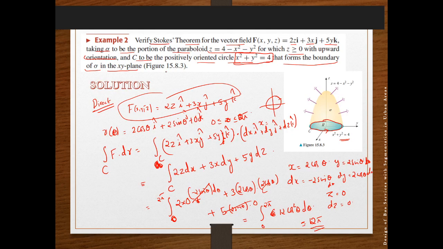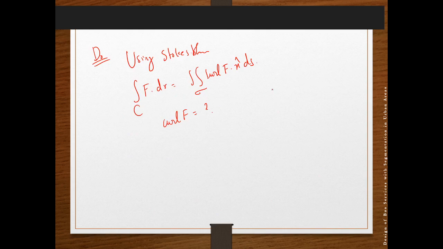Then also we have given that this is positively oriented. That means the orientation is up. And z is given as 4 minus x square minus y square. Then you can find dou z by dou x, and dou z by dou y, which are minus 2x and minus 2y.